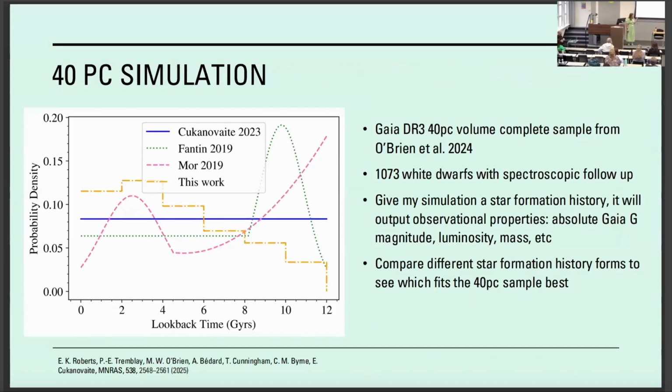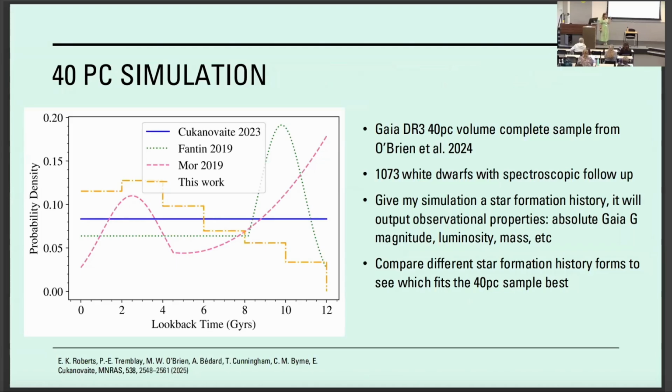So what I've been doing is trying to create a simulation of the local white dwarf population. We wanted to look at the ages, whether we could do age determinations, and whether we could recover the star formation rate of the local Milky Way. I've been using a Gaia DR3 sample, which has about 1,000 white dwarfs in it.